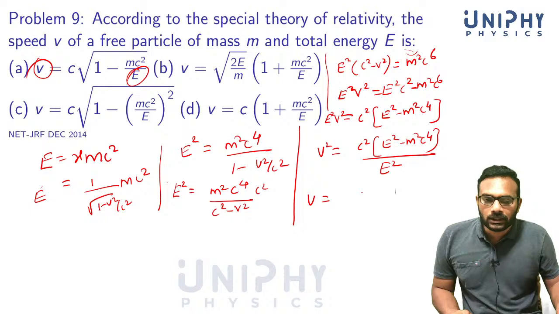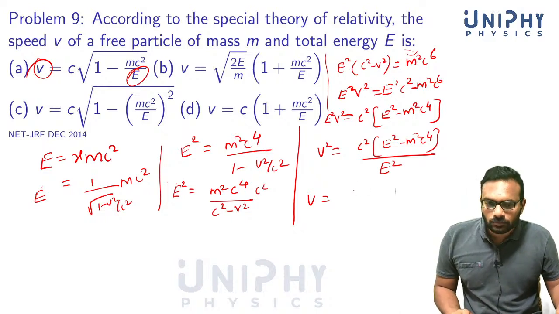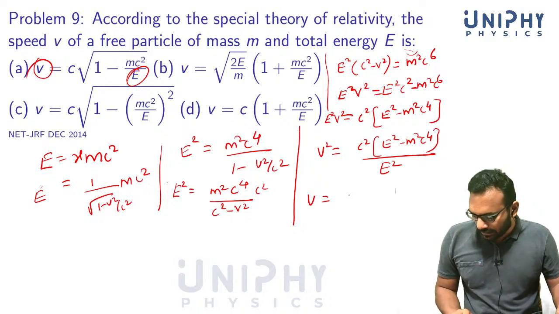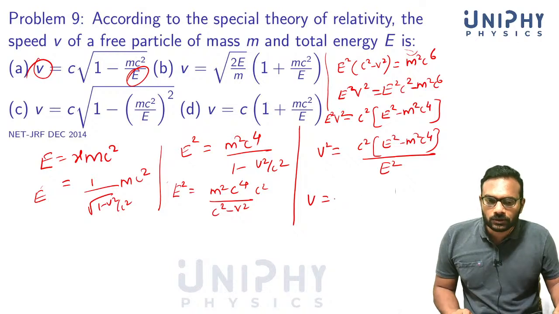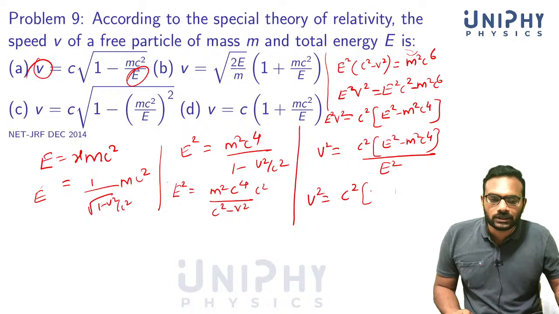Or v is equal to, that's v square, you just take the square root. I'll just do one more step: that's equal to 1 minus m square c raised to 4 divided by E square. I just took this inside here.